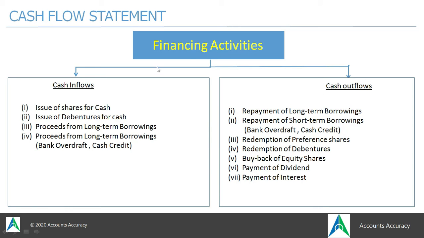So in financing activities also, cash will form the capital structure through inflow of cash, that is shares and debentures, when they are issued. In the same way, when they are redeemed, then your cash will move out.